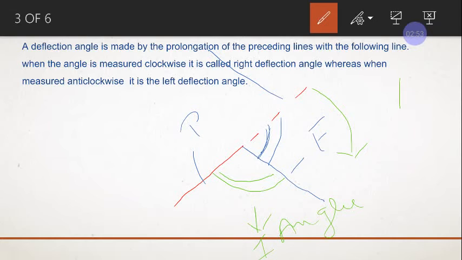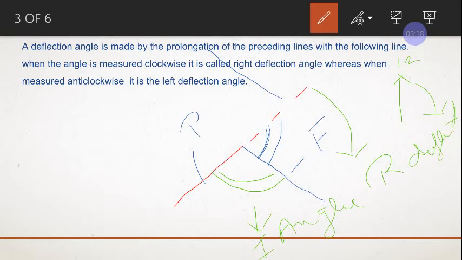This is how the clock moves, in this direction. So this is the right deflection angle. Because the angle is taken in the clockwise direction, it is called the right deflection angle.